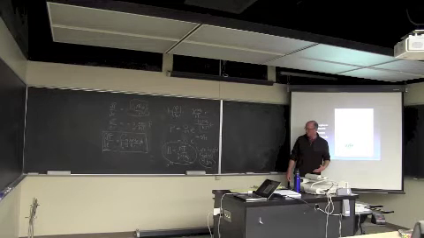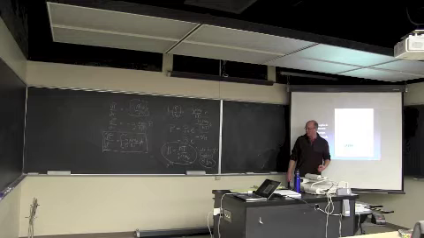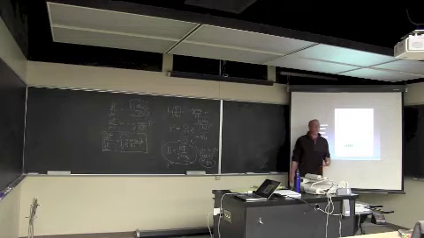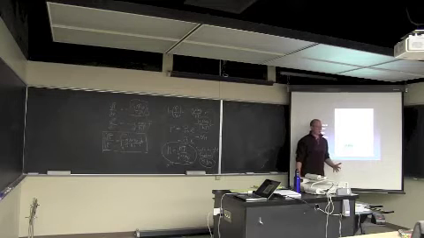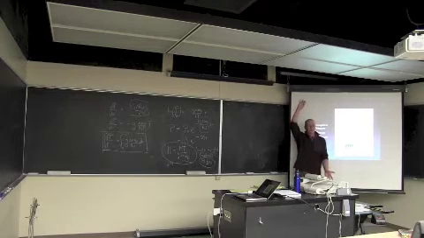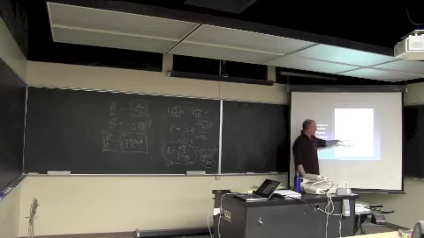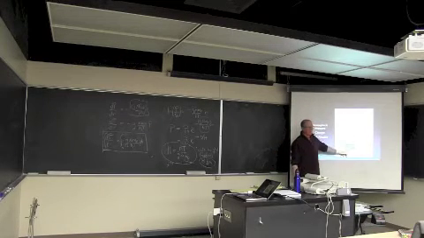If I increase gravity, what happens to the scale height? Make G bigger, what happens to H? It gets smaller, right? So if I double G, the scale height drops by half.